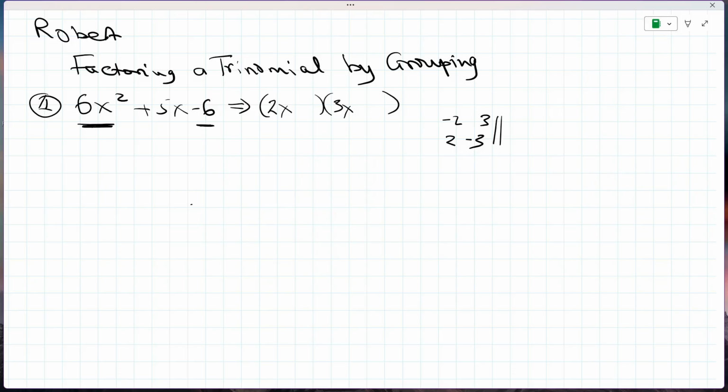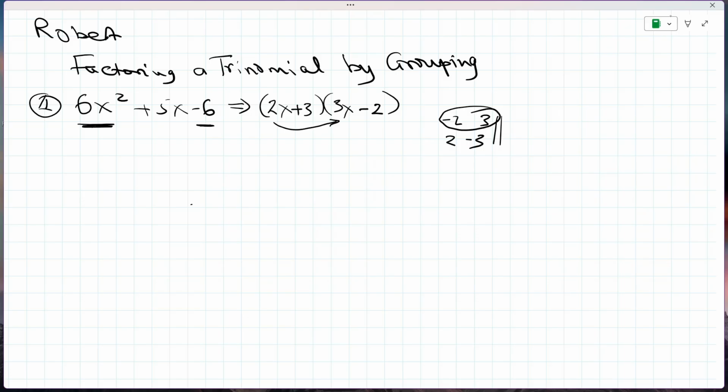So let's suppose we decided to go with this expression here. If we've chosen that to be our first trial, let's suppose we put the negative 2 here. So we are left with 3 having to come here, but it has to be positive 3. And then we try these out.